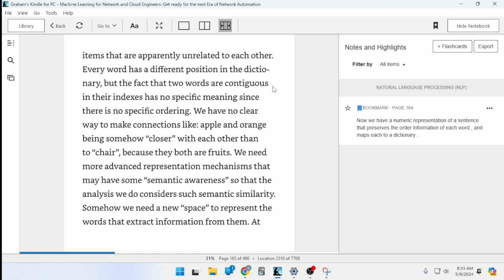Every word has a different position in the dictionary, but the fact that two words are contiguous in their indexes has no specific meaning since there is no specific ordering. We have no clear way to make connections like apple and orange being somehow closer to each other than to chair because they are both fruits.